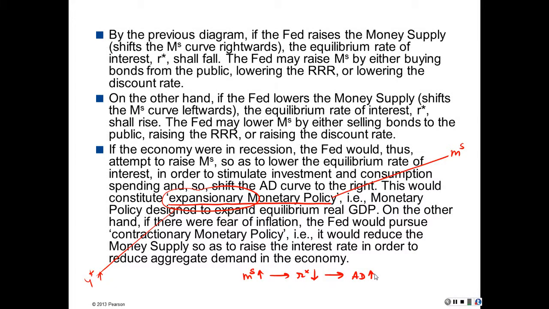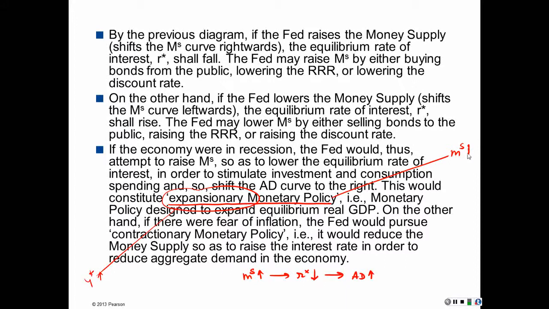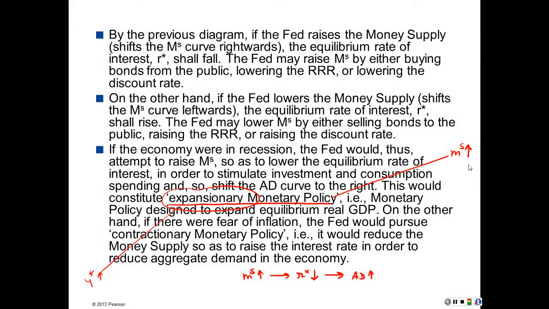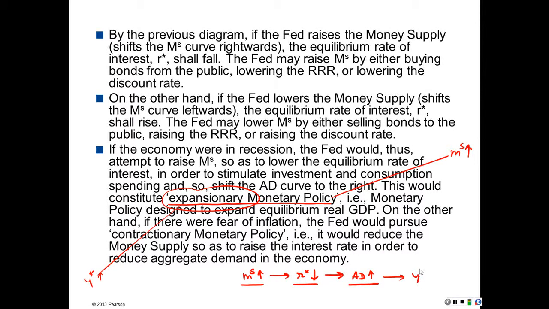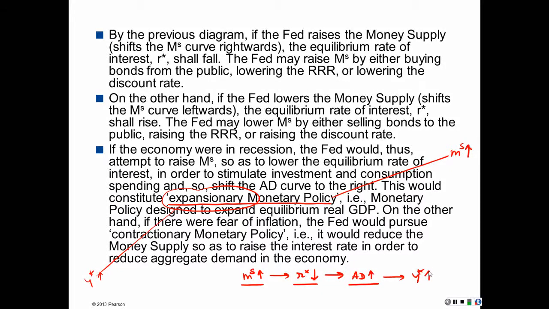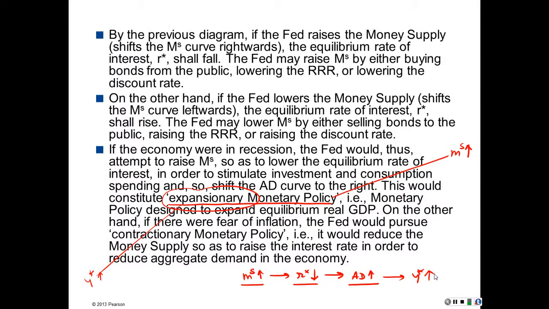Is that correct? So therefore, expansionary monetary policy is, in fact, a rise in money supply. Why? Because a rise in the money supply causes the interest rate to fall, and that then stimulates AD, which then in the goods market causes Y star to go up. Correct? So that's expansionary monetary policy.